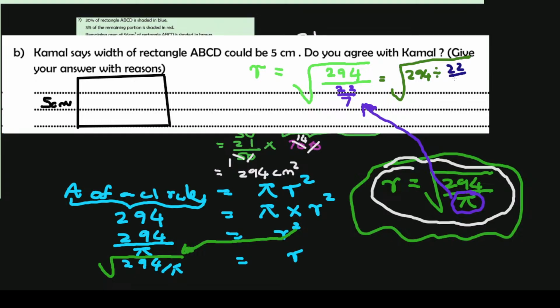Now, since we are not using a calculator, whenever there is a fraction with a division, we don't continue the division, we convert that division to a multiplication. Let's do that. So the square root of 294, we convert the division to a multiplication. And we have to take the reciprocal of 22 over 7. That's 7 over 22.